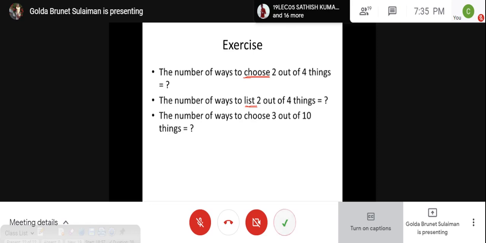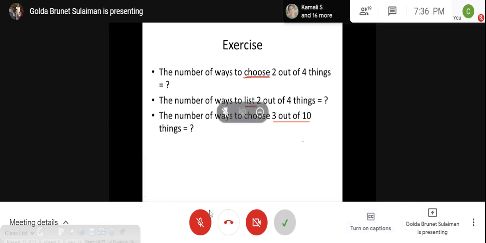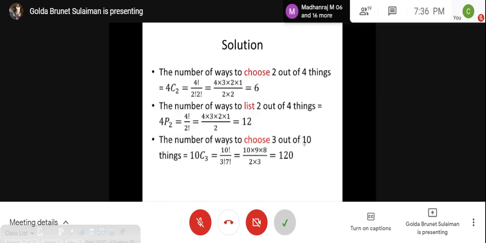Who was saying this is permutation? Is that fine for you? Fine, ma'am. Good. So here it is actually 4C2. This is 4P2. What about this one? This is 10, ma'am. 10C3.